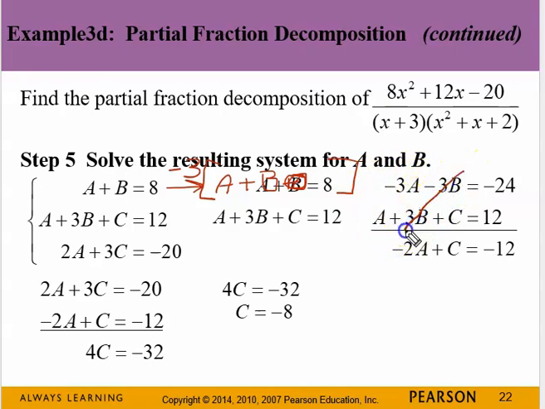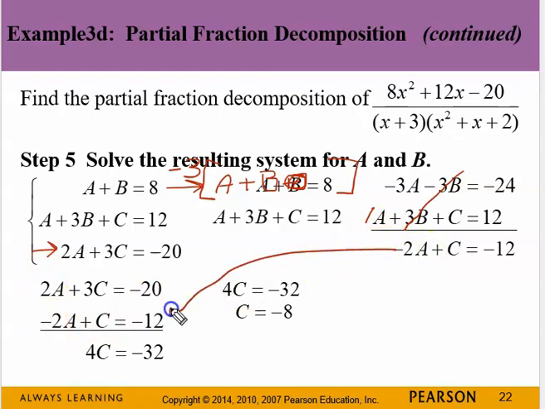I get this. And again, I don't know why they didn't line them up nicely, but here what happens is your b's cancel out, and you get a negative 3a and a positive 1a, leave you with a negative 2a plus c equals a negative 12. Now you have an equation with just two variables, and you see we can use this third equation here, which just has the letters a and c in it. And if we multiply, or actually just put one on top of another, because here a negative 2a will cancel out.